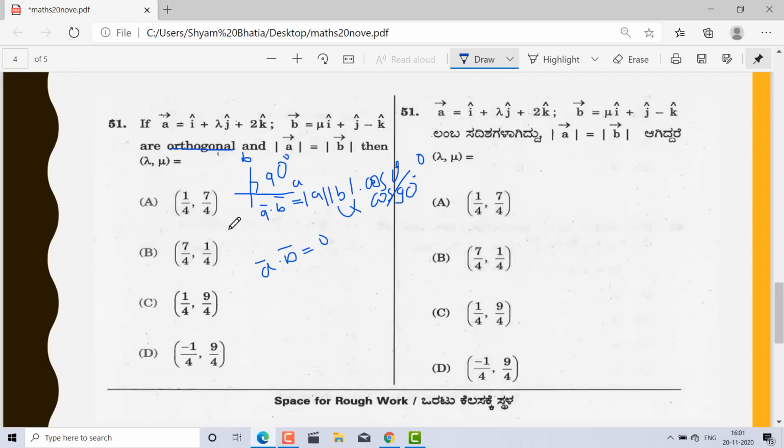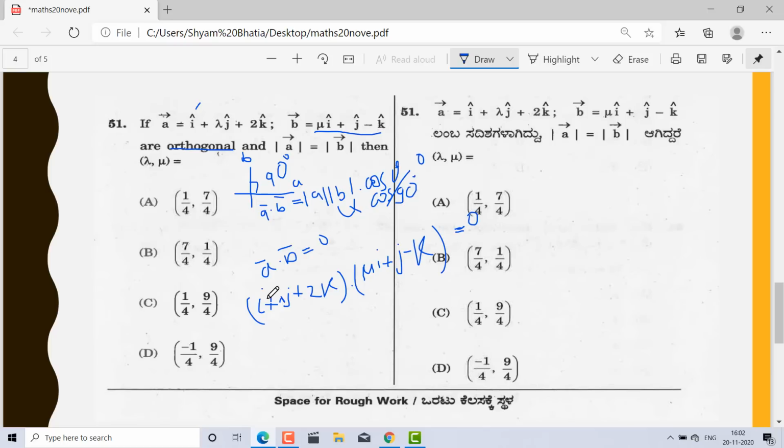And if you do the dot product here, the A vector is i plus lambda j plus 2k, close it, and dot, and what is the value of B? Mu i plus j minus k, equating it to 0.